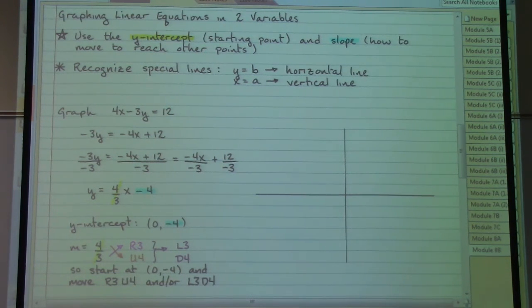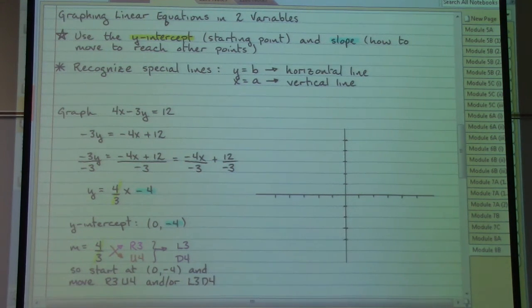So over on our set of x and y axes, let's go ahead and put in some markings so that we can pinpoint our y-intercept and so that we can move according to the directions that come from our slope.